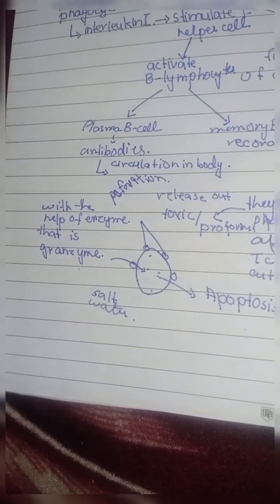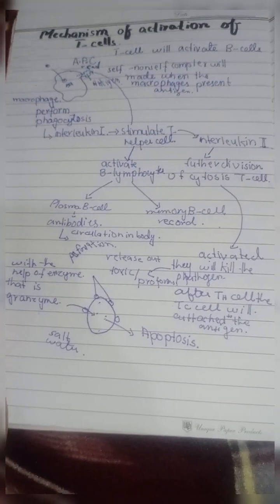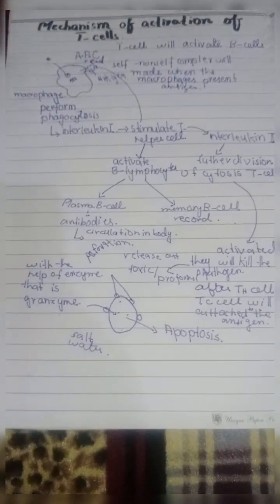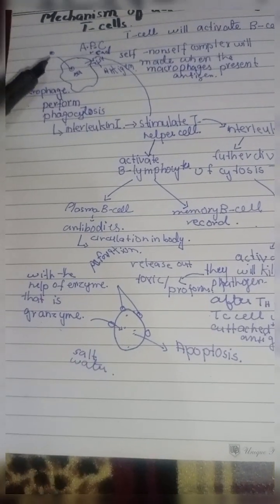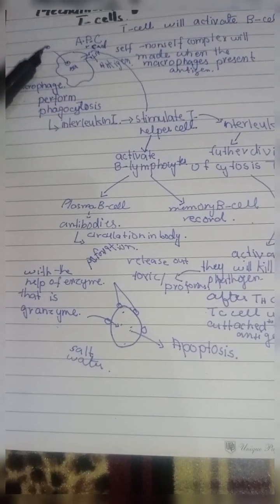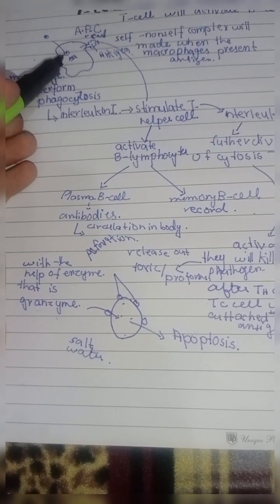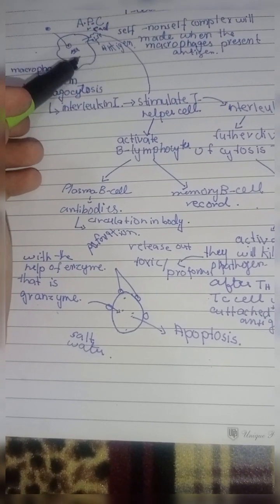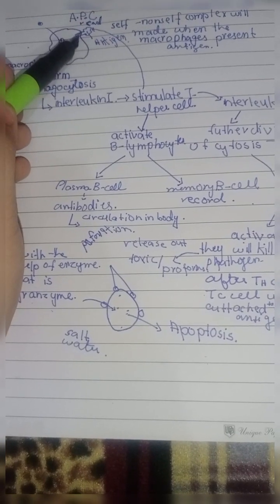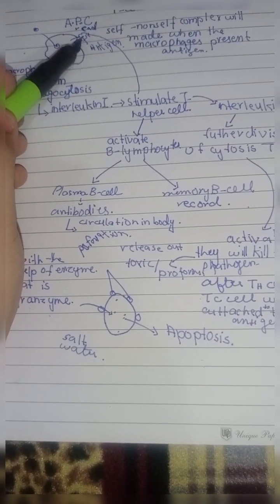Okay, so let me explain once again what happened here. Here we have the macrophage, and the antigen comes inside the macrophage. The macrophage will break down this antigen and represent it on the MHC 1.